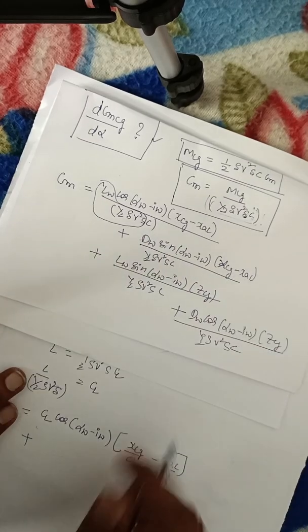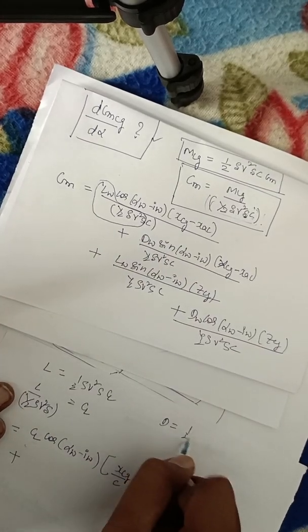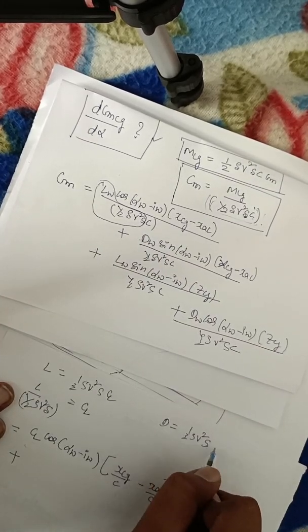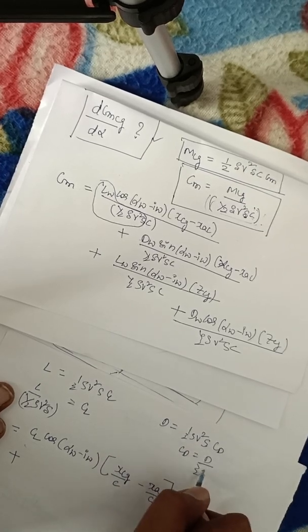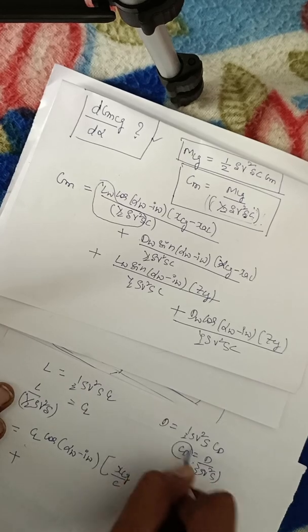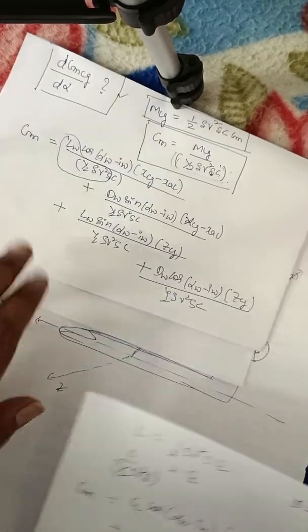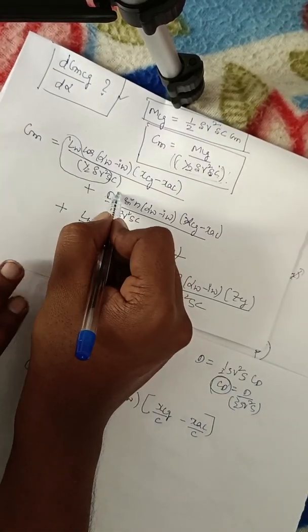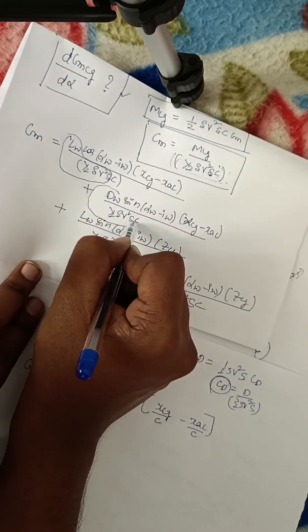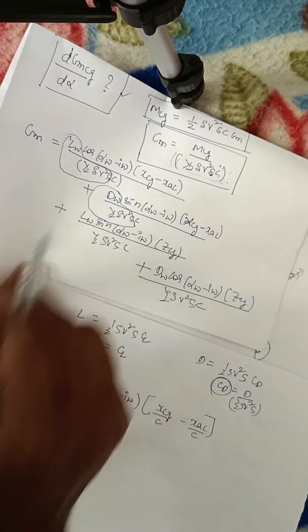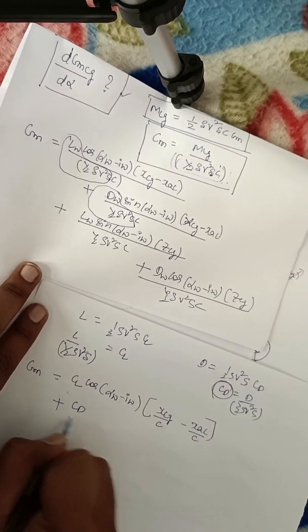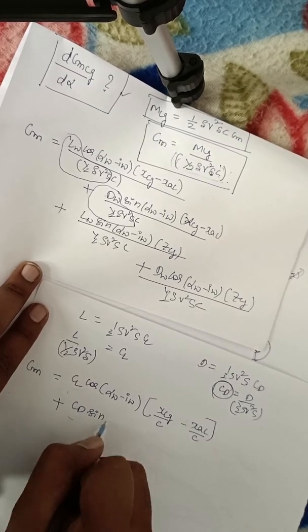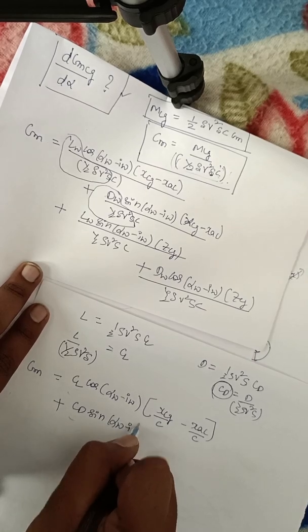Similarly for D also, drag, how do we write drag? Half rho V square S into CD, then CD can be written as drag divided by half rho V square S, it will become CD. So I am going to substitute CD in this place. CD divided by c will come, sin of (alpha_w minus i_w), this divided by c.